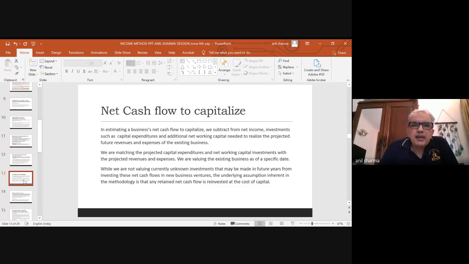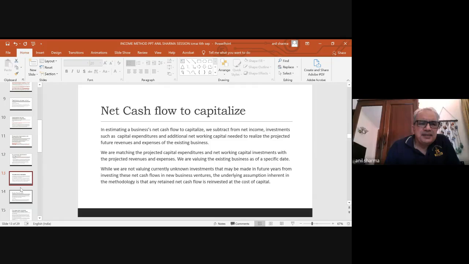Again, it repeats in this slide. The net cash flow to capitalize has to subtract investments such as capital expenditures and additional net working capital needed to realize the projected future revenues and expenses of the existing business. This is one of the fundamentals.